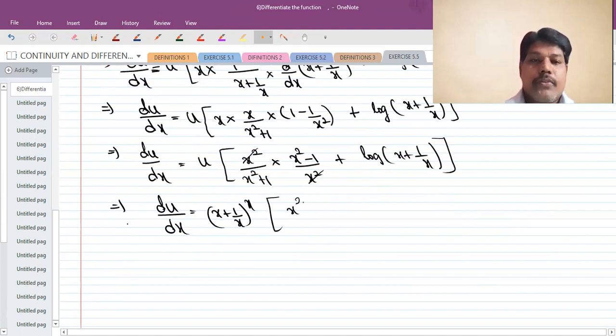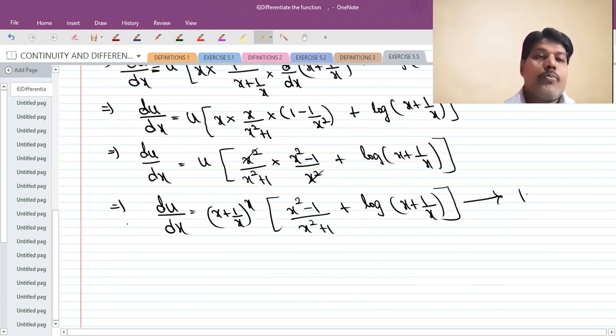It becomes x square minus 1 by x square plus 1 plus log of x plus 1 by x, x plus 1 by x. So this is the du by dx value.